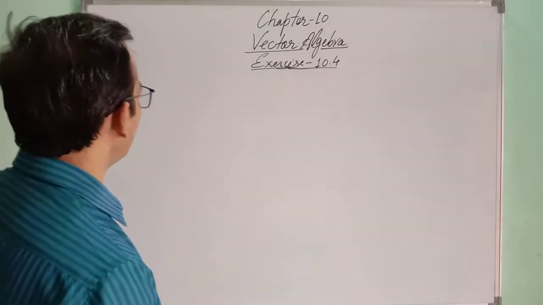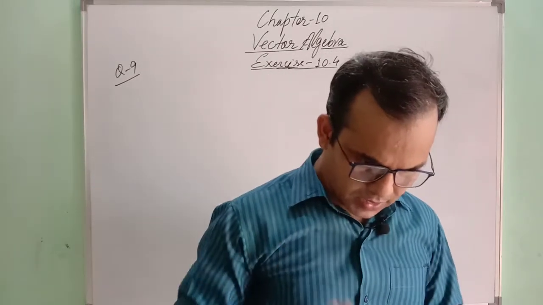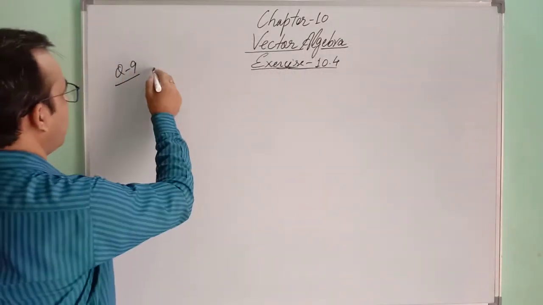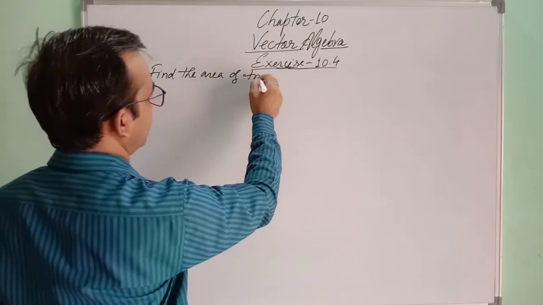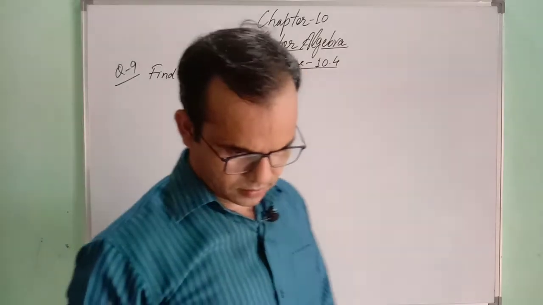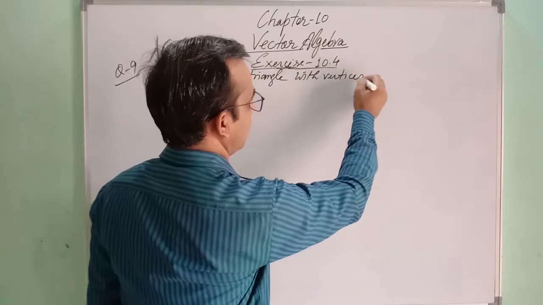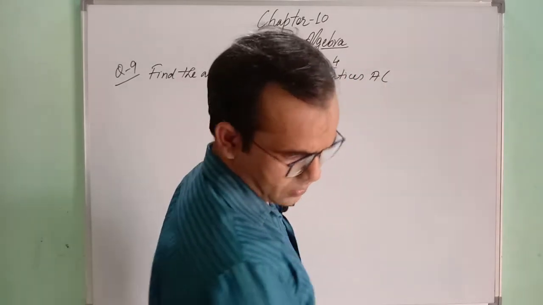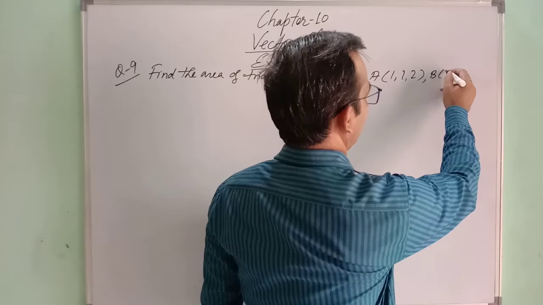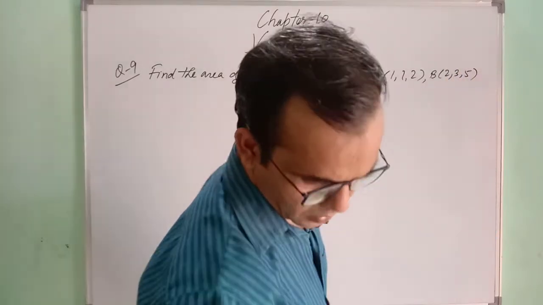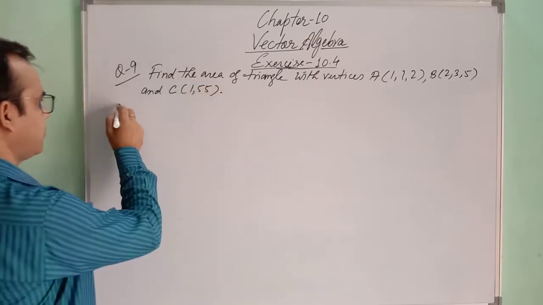So now let's move to question number 9. In question number 9, we have to find the area of the triangle with vertices given below. Find the area of triangle with vertices A as (1, 1, 2), B (2, 3, 5) and C (1, 5, 5).